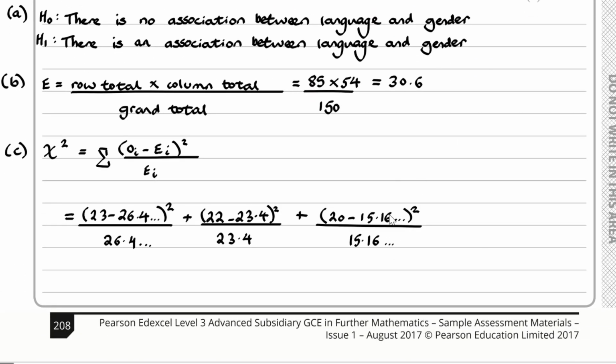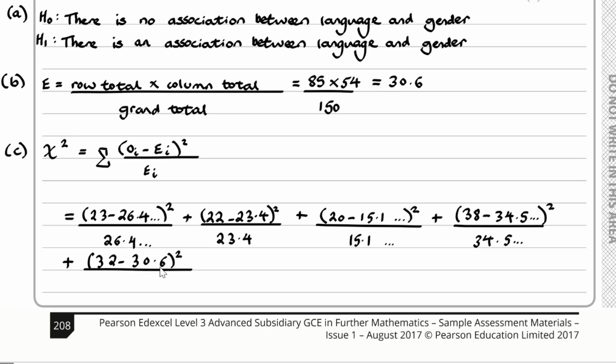For consistency, let's just write 15.1. For the next value, we have 38 minus 34.5, etc. all squared over 34.5, etc. Next value, we have 32 minus 30.6 all squared over 30.6.